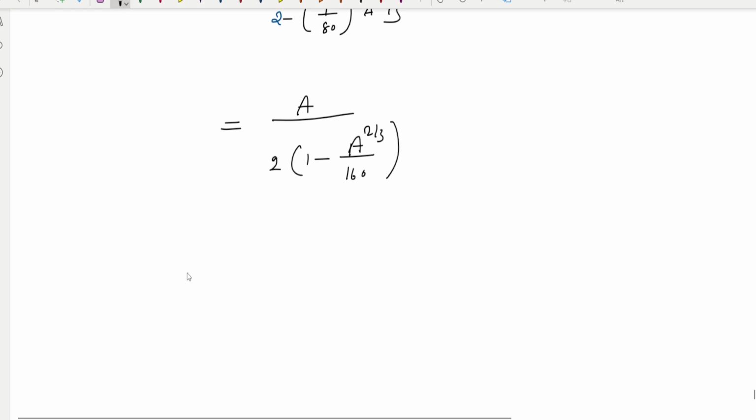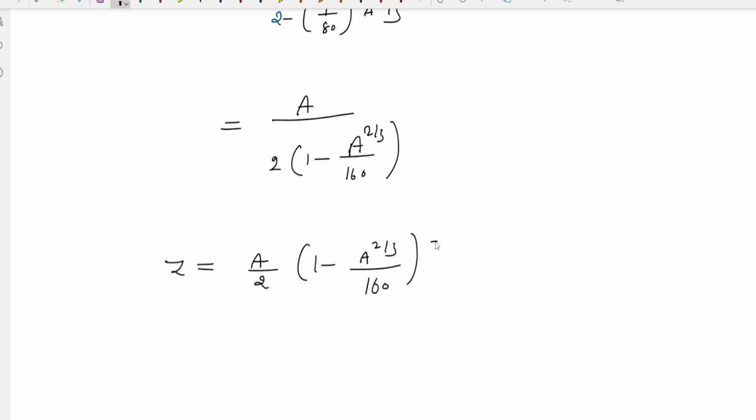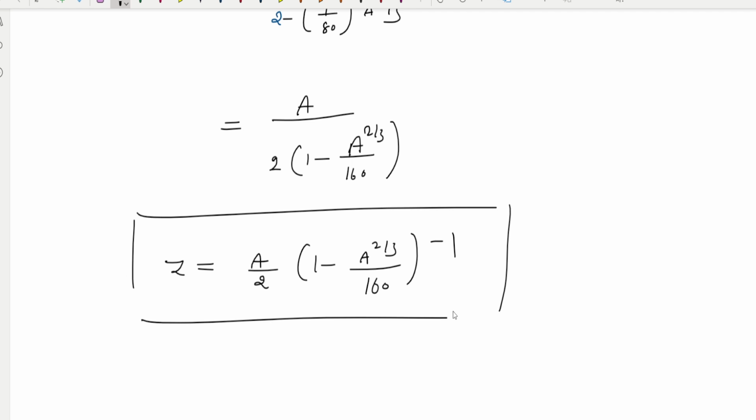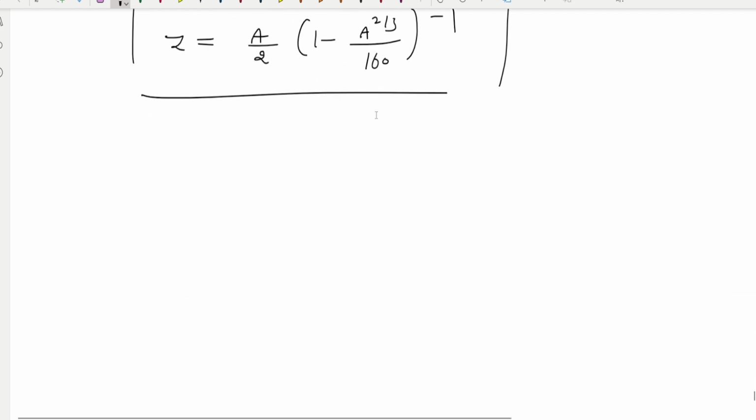So Z equal to A divided by 2 times 1 minus A power 2 divided by 3 divided by 160, inverse. This is the answer. Like that you need to find. One more problem here. In case they are giving the mass number value, we need to try this question.